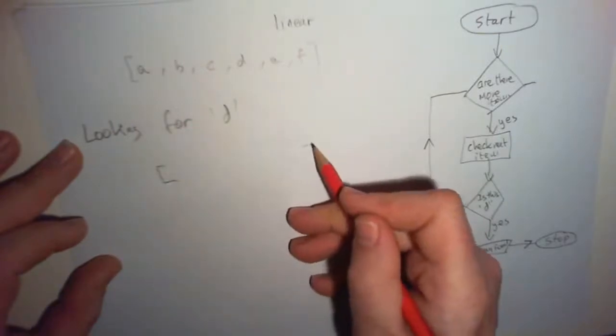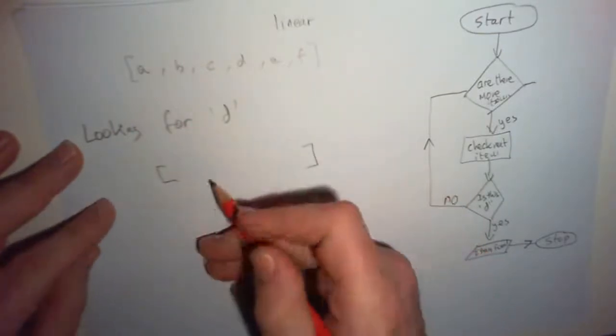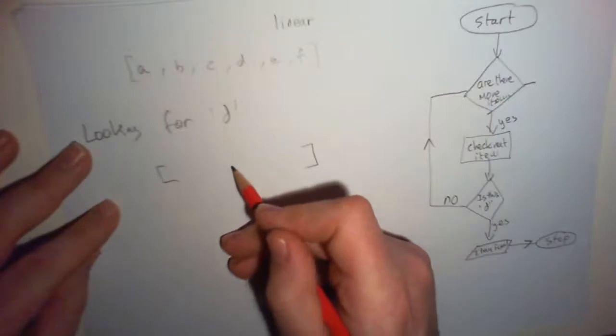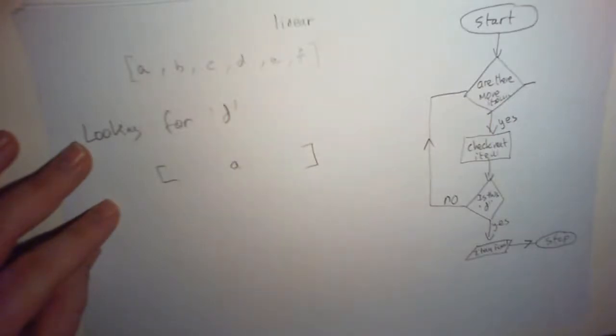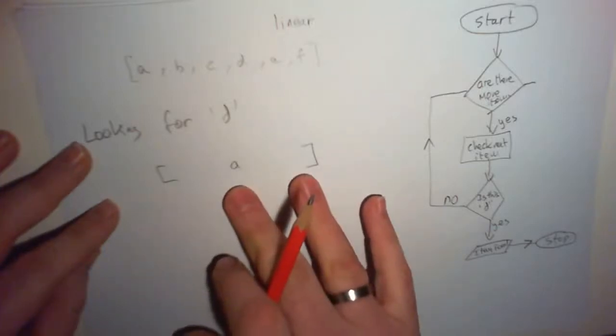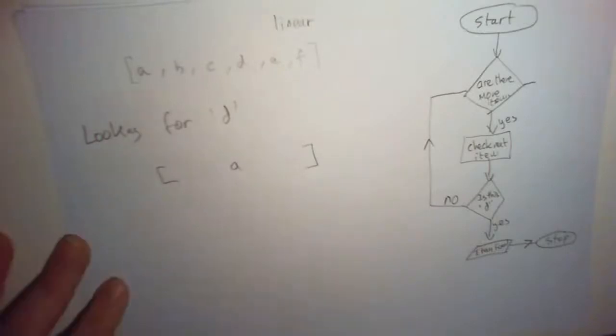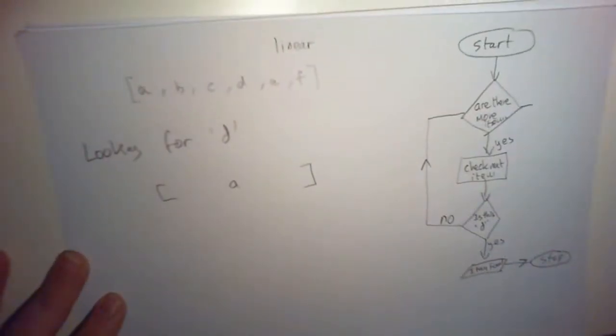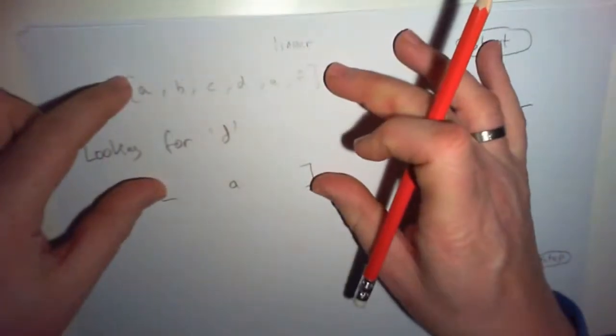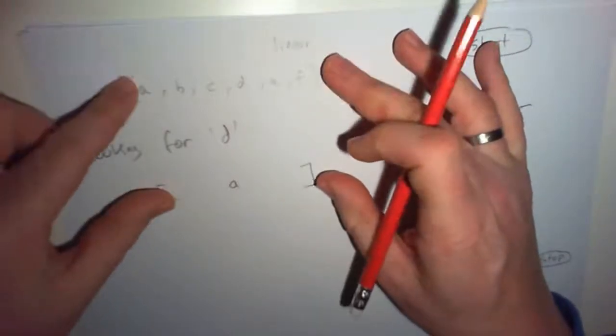But remember, the whole point of algorithms is you have to check all possibilities. Here's my other possibility, where I just have that inside the list, nothing else. Okay. So this is my premise. I'm looking for D. I have to create an algorithm that will work for both of those.